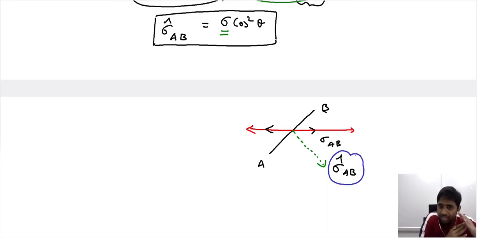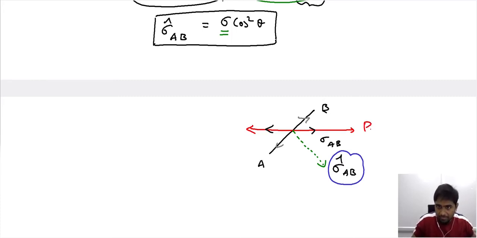Now, in addition to the normal to the region of interest, it is also possible for us to consider the stress that is acting along the region of interest. So what is the stress acting on the surface? The region of interest is a surface. We have considered a normal, and there is a stress acting on the normal because of the load P that we have imposed.